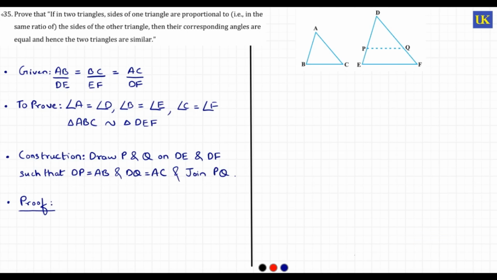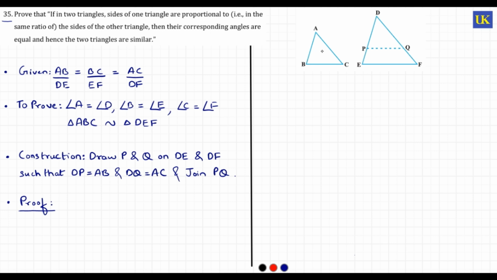Now here we'll see question number 35, which is a theorem which we need to prove. And this theorem is, if in two triangles, there are two triangles which are given, ABC and DEF. We need to draw these triangles. Sides of one triangle are proportional to the sides of the other triangle.